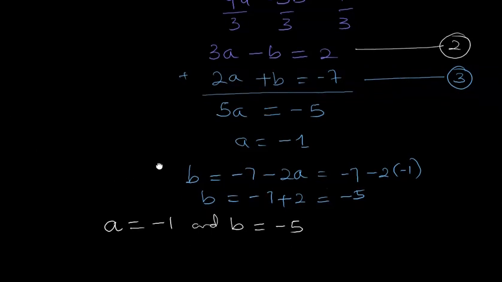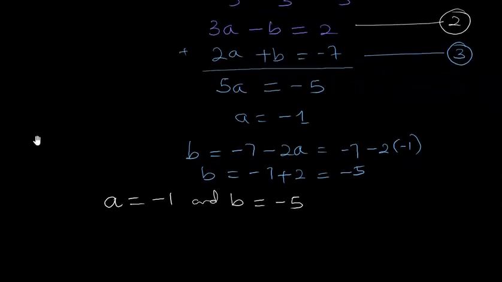So this now translates to the fact that the polynomial, which is 2x cubed plus a, now a is minus 1, that will be minus 1x squared, and plus bx, our b is minus 5, that will be minus 5x, and minus 2.